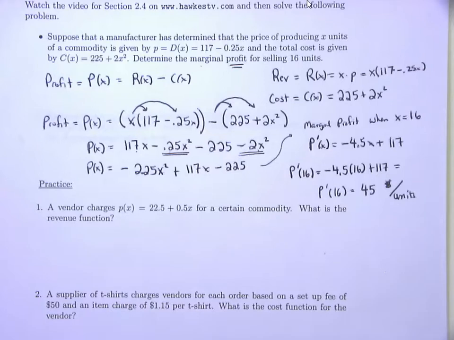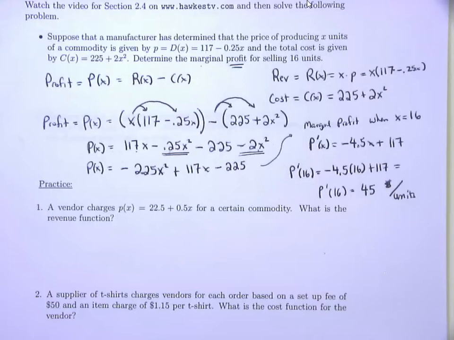So what does this actually mean? This means, in my company, at the point that I am selling 16 items, whatever I'm selling, once I've sold 16 items, I am actually making $45 per item in terms of profit for the company. Does that make sense? And as we sell more, sometimes this marginal profit will go up, sometimes it goes down.